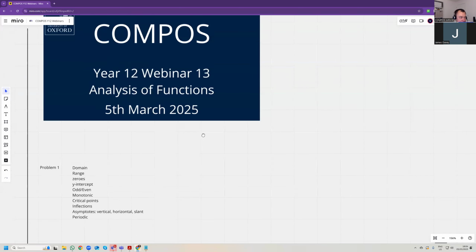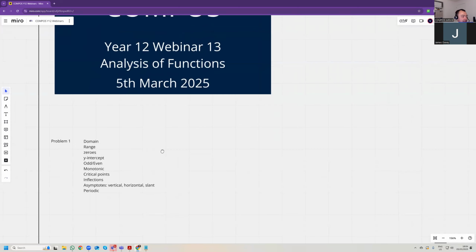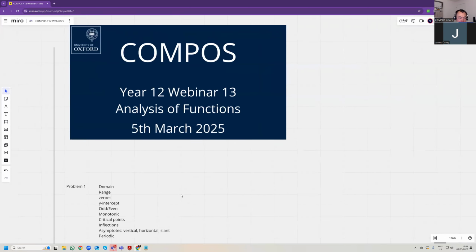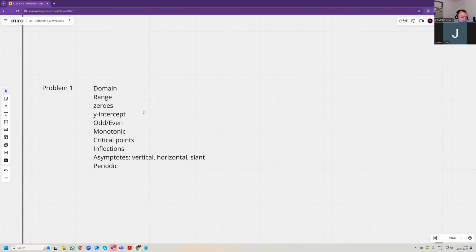Okay, let's start. So today's topic is analysis of functions and what that entails. When you talk about functions, functions have certain properties attached to them. And of course, the properties go as follows.